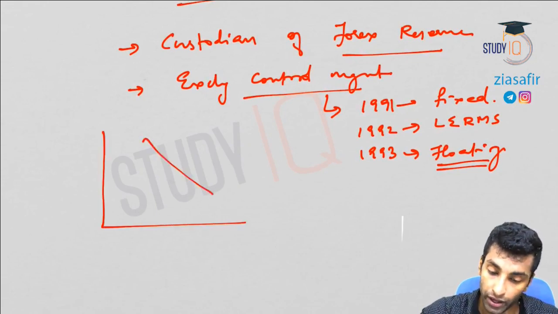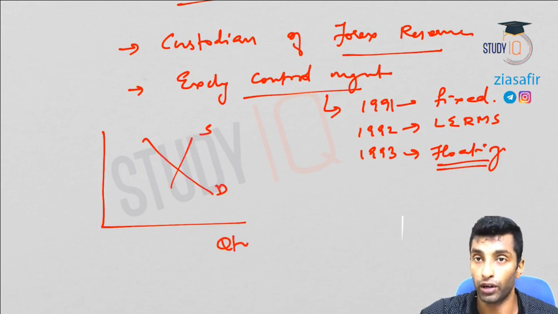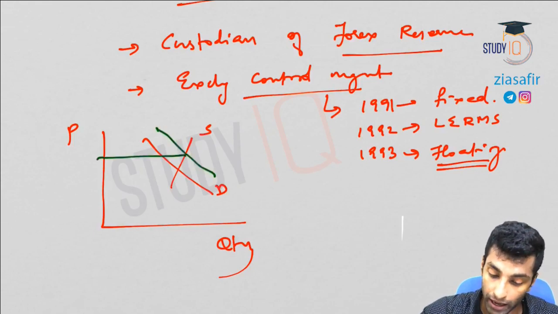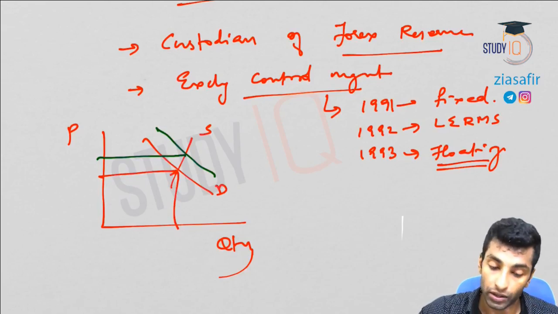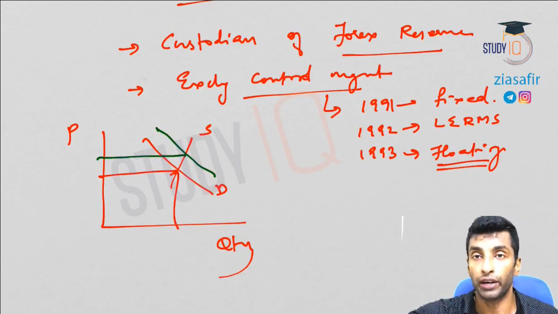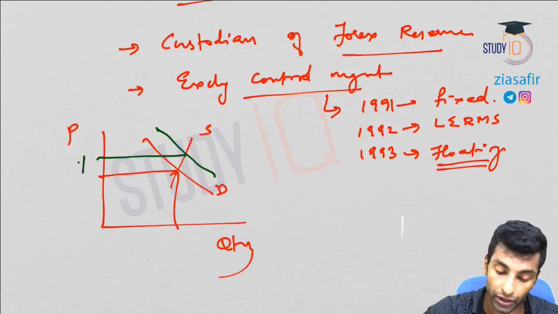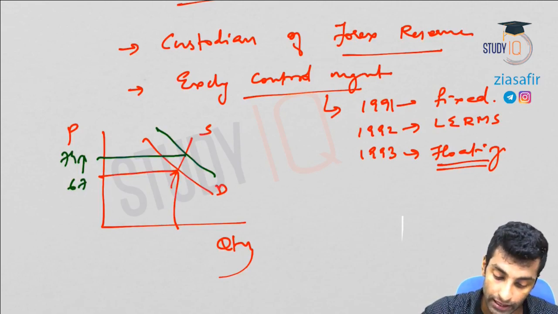How can RBI interfere? Let's suppose this is the demand for dollars and this is the supply of dollars. There is a quantity and there is a price of the dollar in rupees. This is the initial position, the red one. Now if demand is more, the demand curve shifts rightward, and you can see there is an increase in the price of the dollar, that means 67 to, let's say, 74.